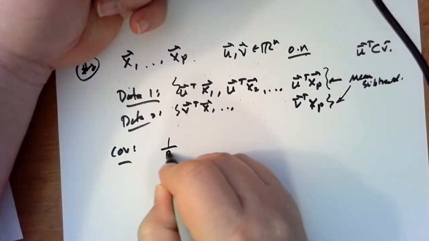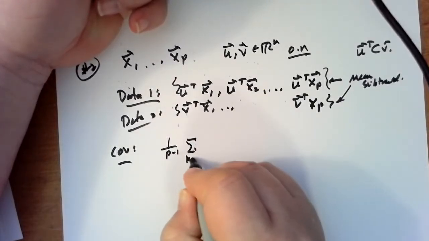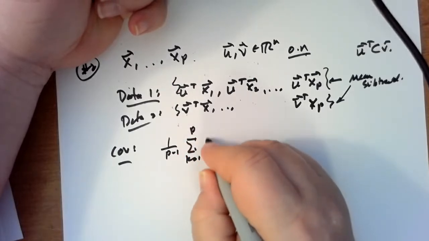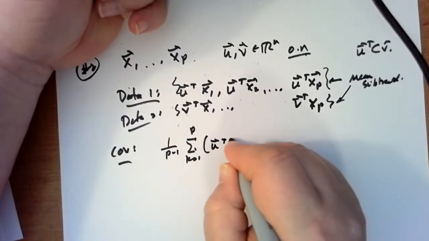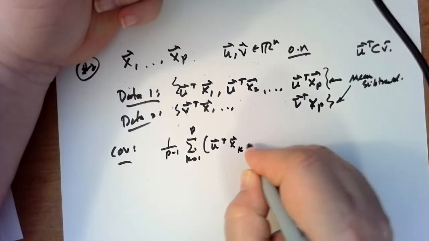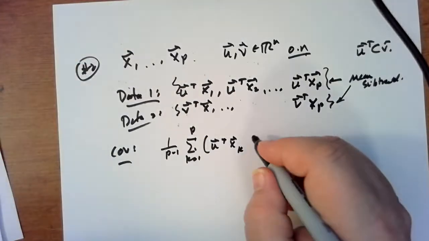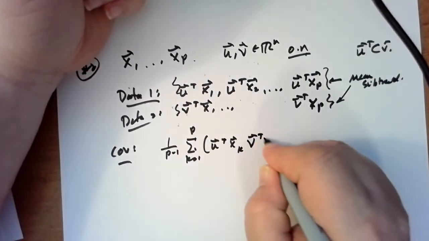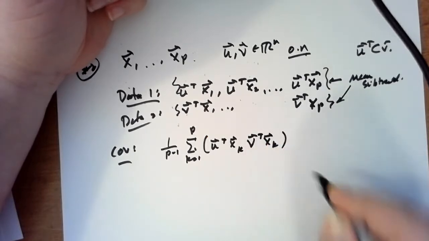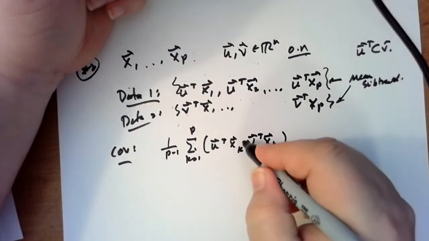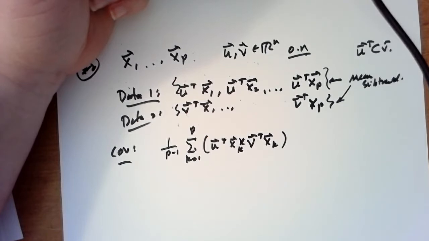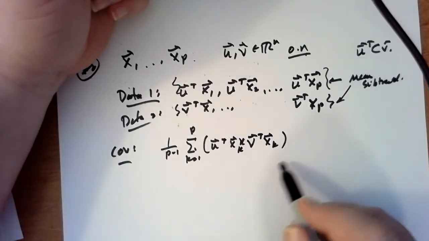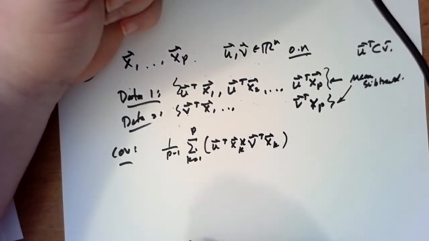Now, how am I going to compute the covariance between these two? That's 1 over p minus 1 times the sum, k equals 1 to p, of u transpose xk times v transpose xk. These are two scalars, so that's taking the place of the square. Now we want to show it's the same thing as u transpose Cv.